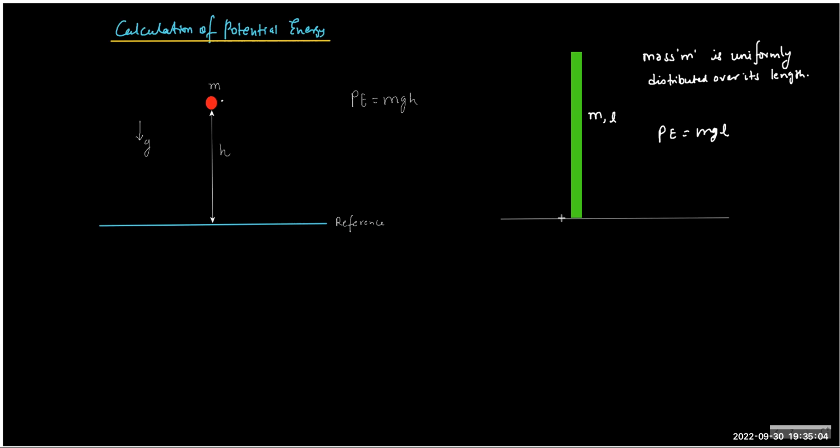Because the mass is spread from bottom till height L, I'll choose some random location. So I am here, at height y from the reference. This is my location, and there I pick a small piece of the mass. I cut a small piece and I say this length is dy.